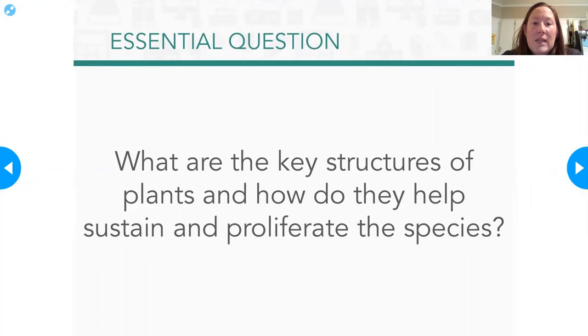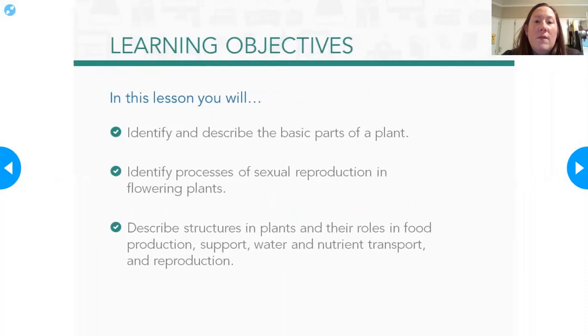So this is what we're going to answer over the course of the entire week. We are going to learn to identify and describe the basic parts of a plant, identify processes of sexual reproduction in flowering plants, and describe structures in plants and their roles in food production, support, water, and nutrient transport, as well as reproduction.